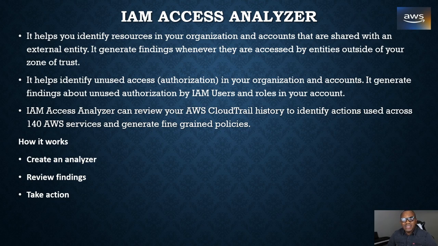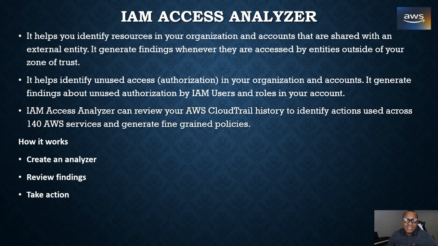IAM Access Analyzer can also review your AWS CloudTrail logs to identify actions used across about 140 AWS services and generate fine-grained policies that you can now use for your entities in your account.